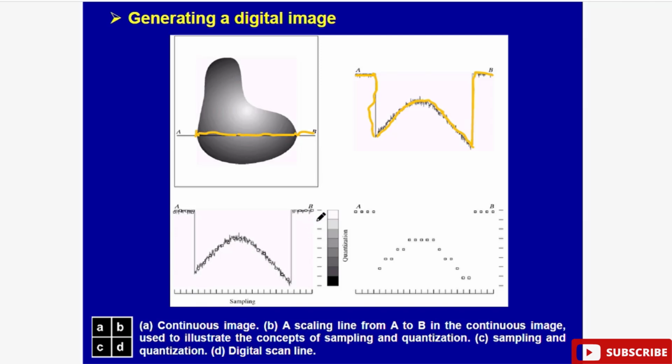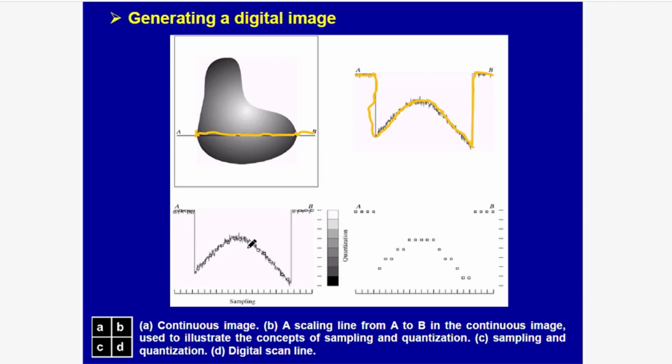All these squares are at equal distance. These are all samples. With respect to this distance, we sample the intensity profile, and those samples are the squares. It means we discretized the coordinate values.